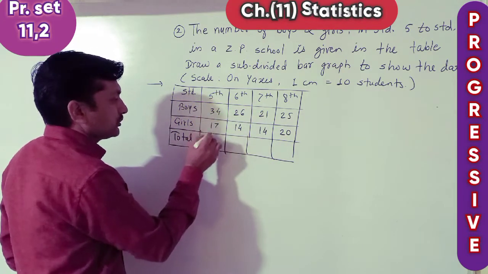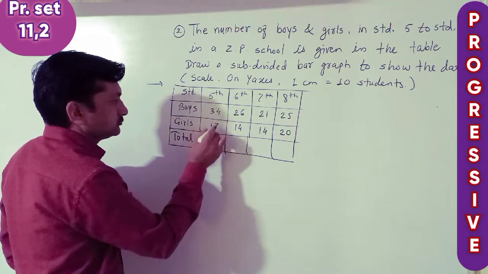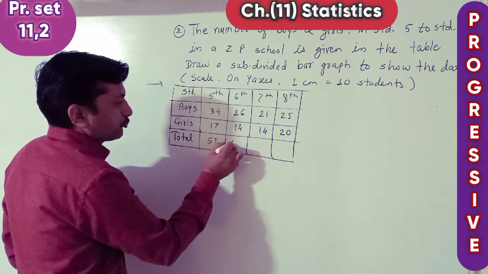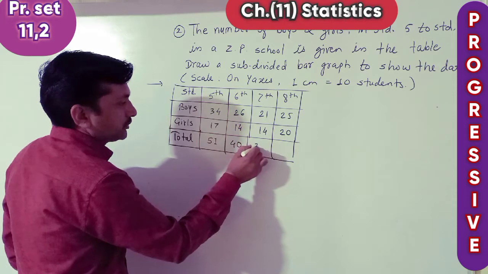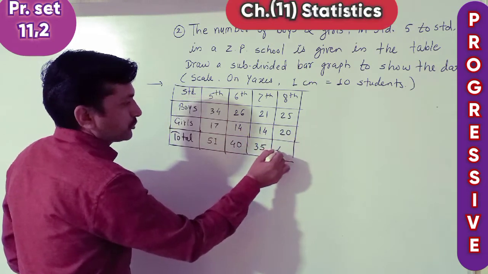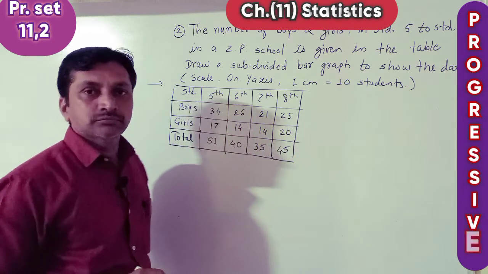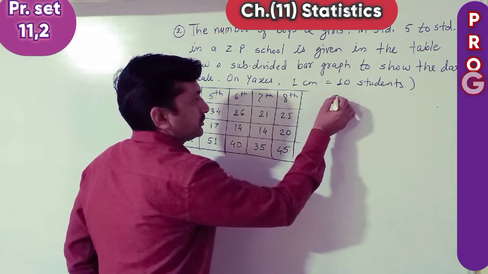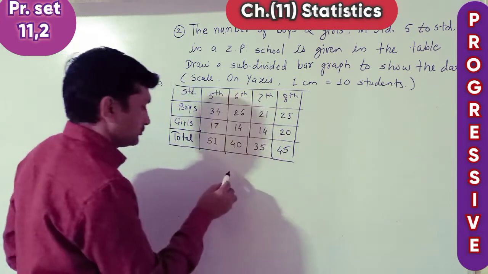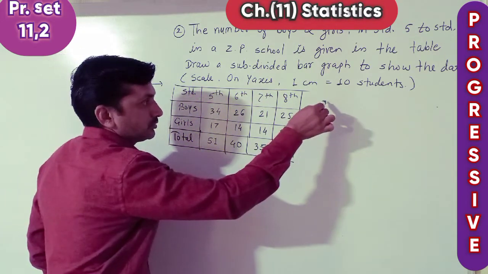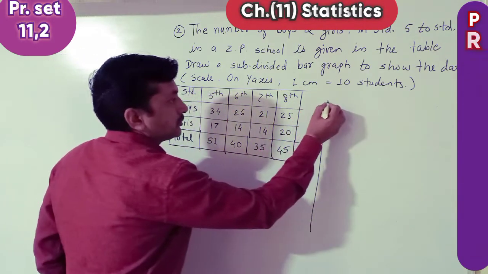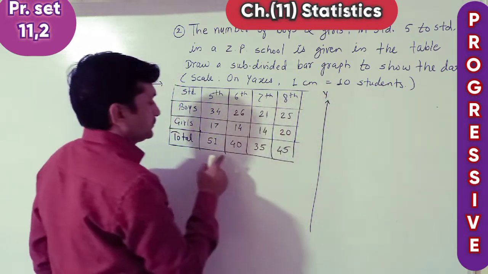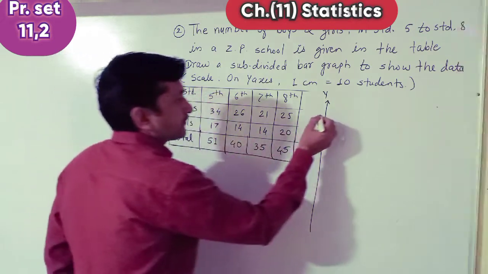Now here, addition: 51, 40, 35 and 45. Okay, now let's draw the graph. On the y-axis it is given 10 students and the highest is 51.